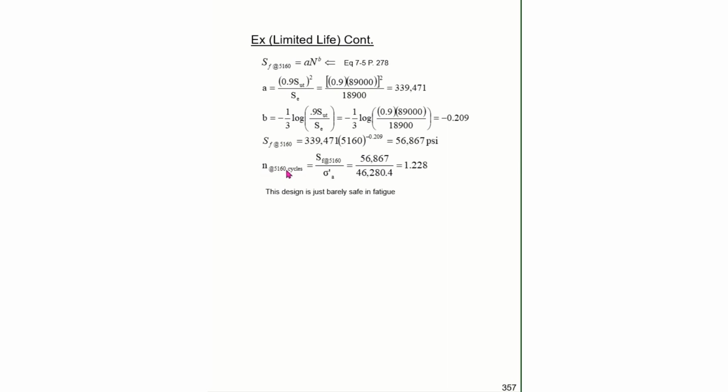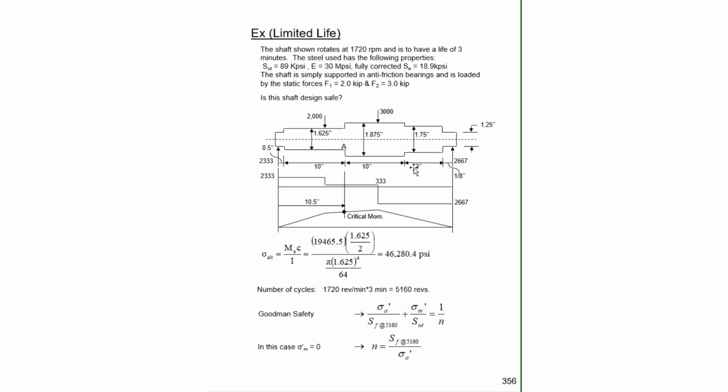Now I can come back and compute my safety factor, and I get my safety factor is 1.2, which means the design would just barely be safe in a fatigue scenario. And this shaft would live for the design life of 3 minutes when rotating at 1720 RPM.